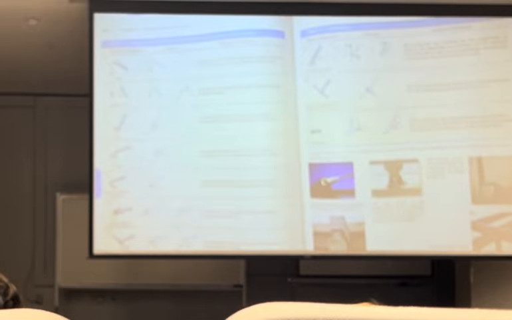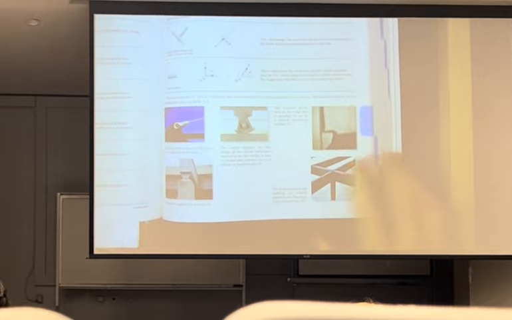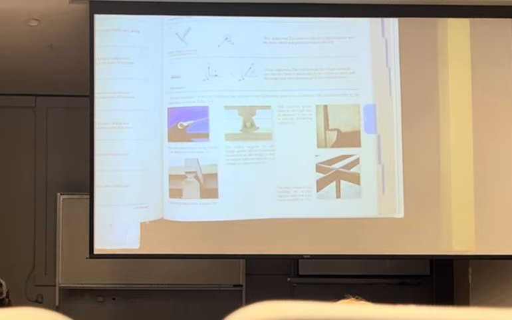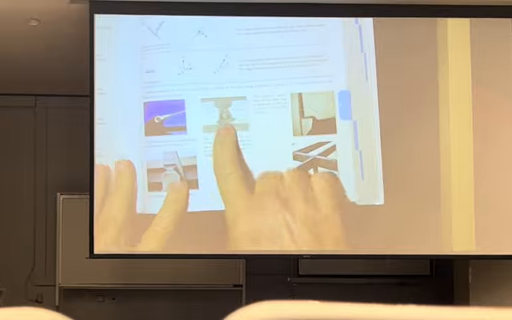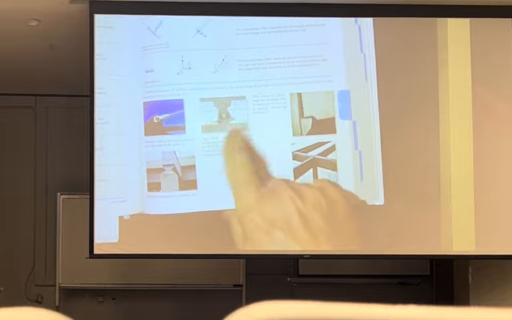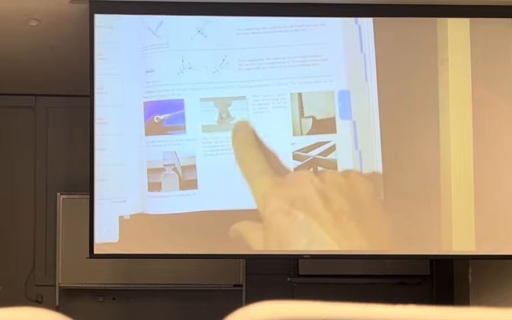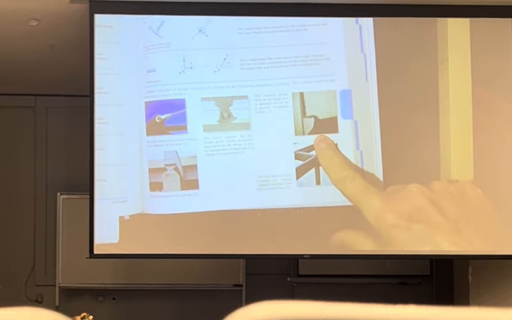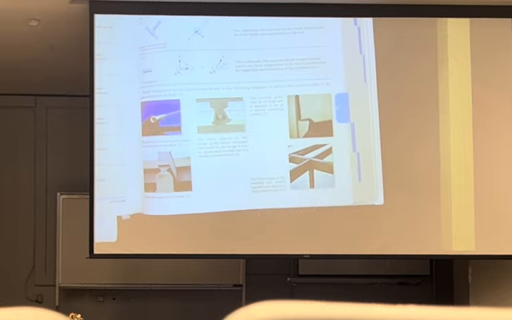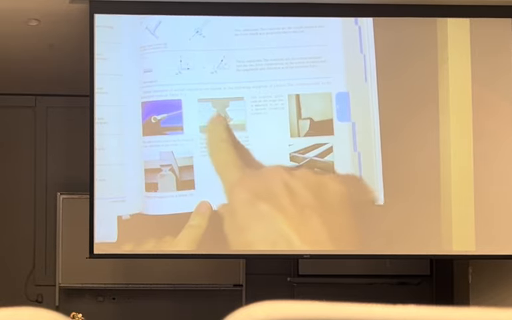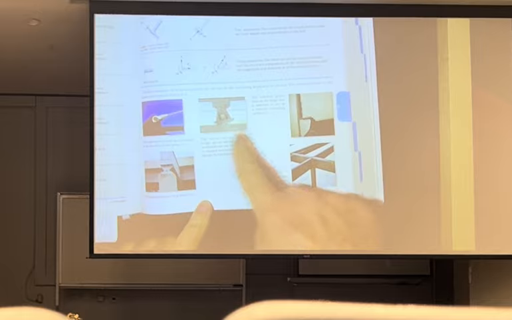Okay? And in the textbook, he does give you samples of what it is to have a pin, a roller. Here's a rocker, same thing as a roller. You see these guys more up north where you get extreme cold, and then in the summer they'll go up to 95 and sometimes 100. So they tend to have this rocker rather than a roller.